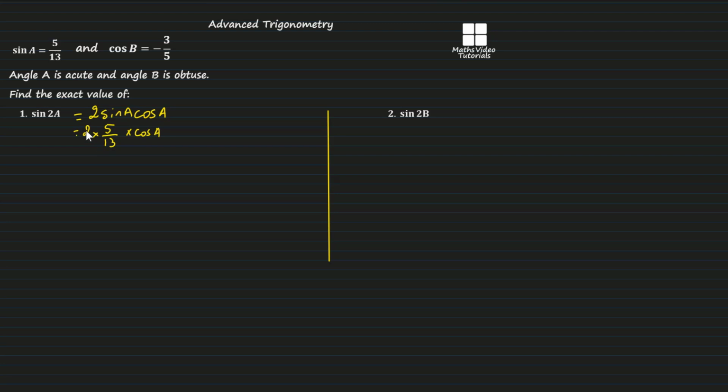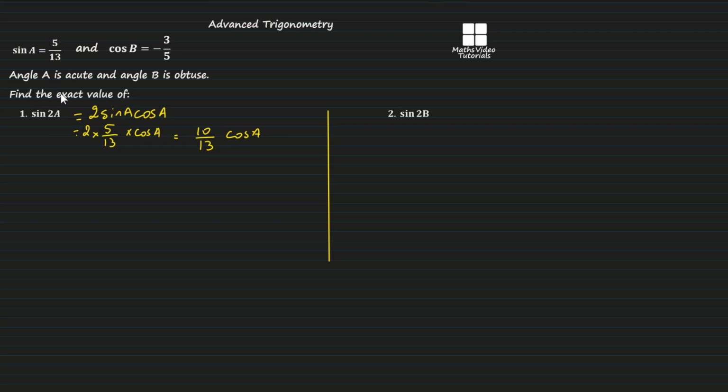First let's do this calculation. 2 times 5 over 13 gives us 10 over 13 cos a. Now we've been given some information regarding the angle A, which is an acute angle in the first quadrant. So we expect the angle A between 0 and 90 degrees.